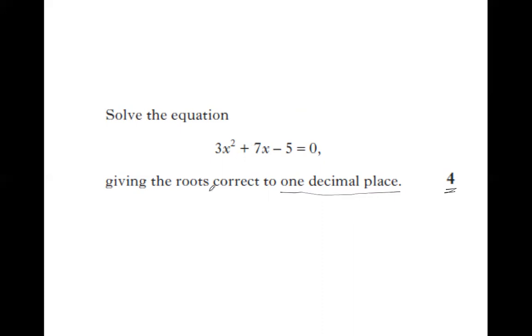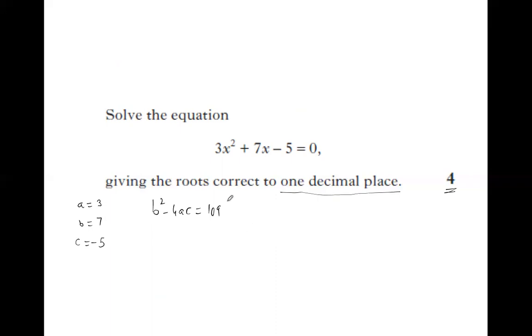So the first thing you would do is a equals 3, b equals 7, c equals negative 5. b squared minus 4ac, so 7 squared minus 4 times 3 times negative 5, I get 109.